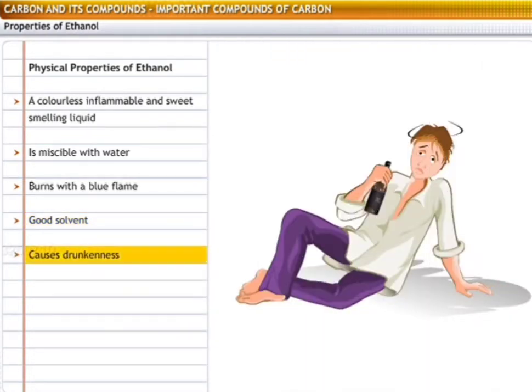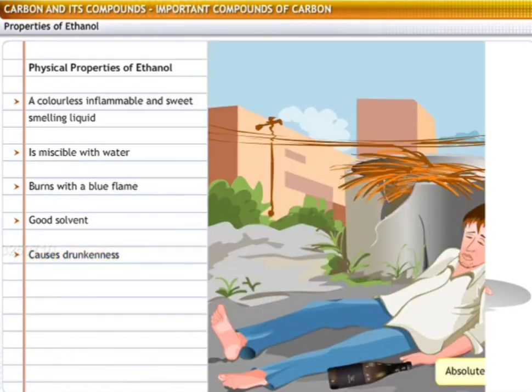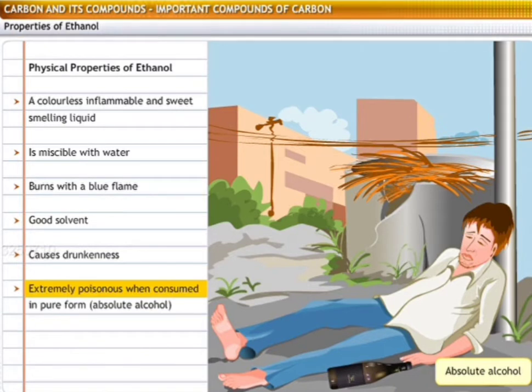Ethanol can cause drunkenness on consumption, even in small quantities of dilute ethanol. If consumed in its pure form, even in small quantities, it can be poisonous and can prove fatal. Pure ethyl alcohol is called absolute alcohol.